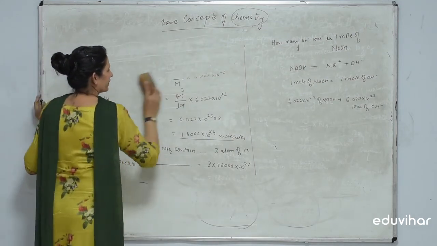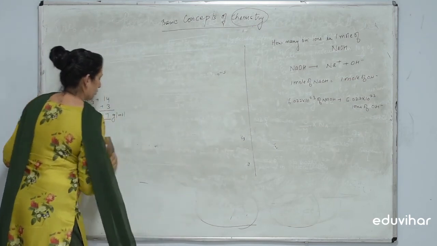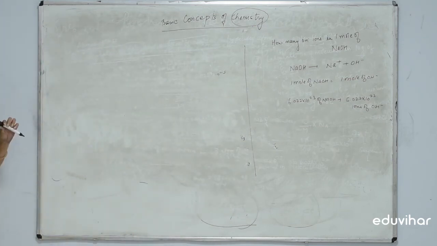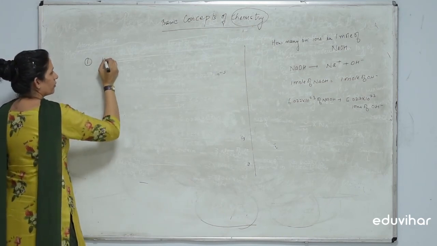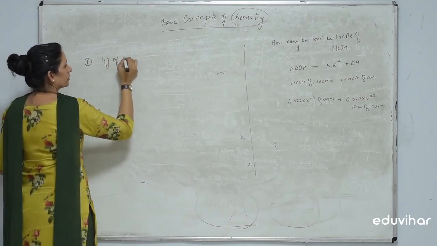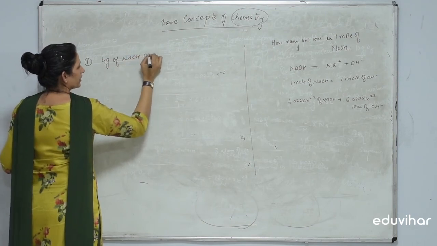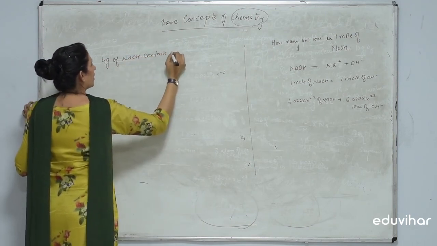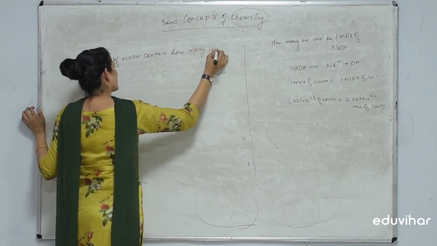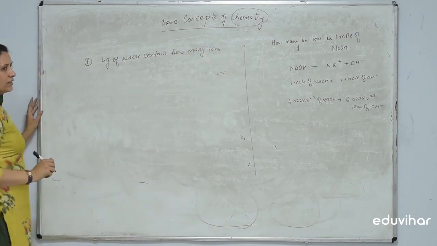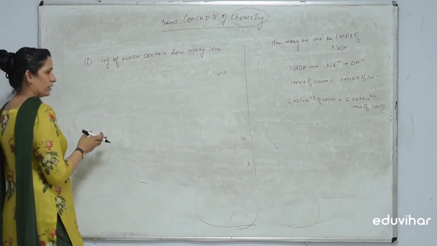Next, you try to calculate: 4 gram of NaOH contains how many ions? So, how can we calculate?